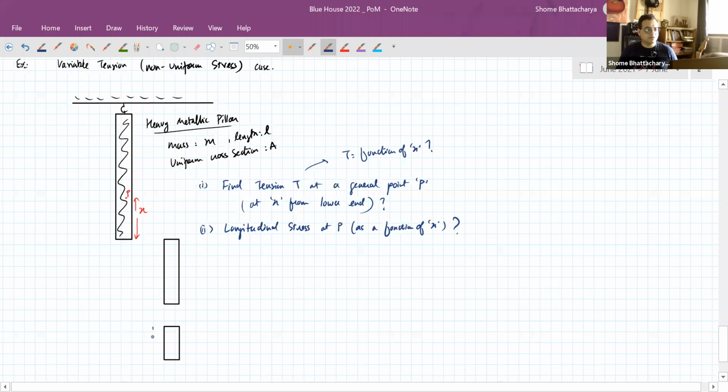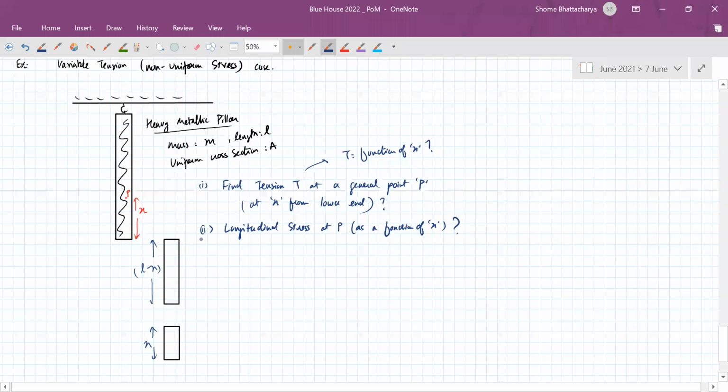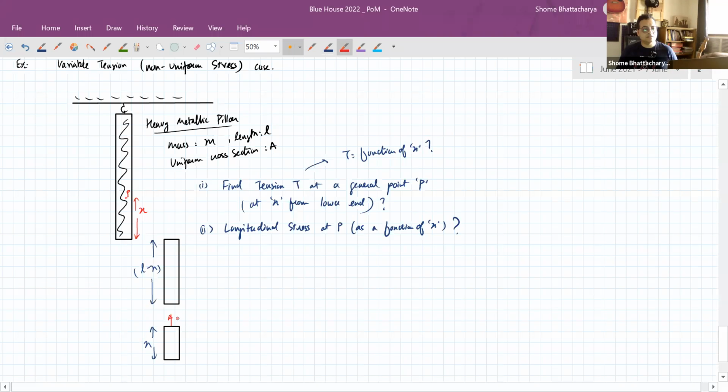So if this is the section of length x, this is the section of length L minus x. So whatever tension is acting like this, equal and opposite tension is acting over here like this. And let's say the tension at the uppermost point is T0.